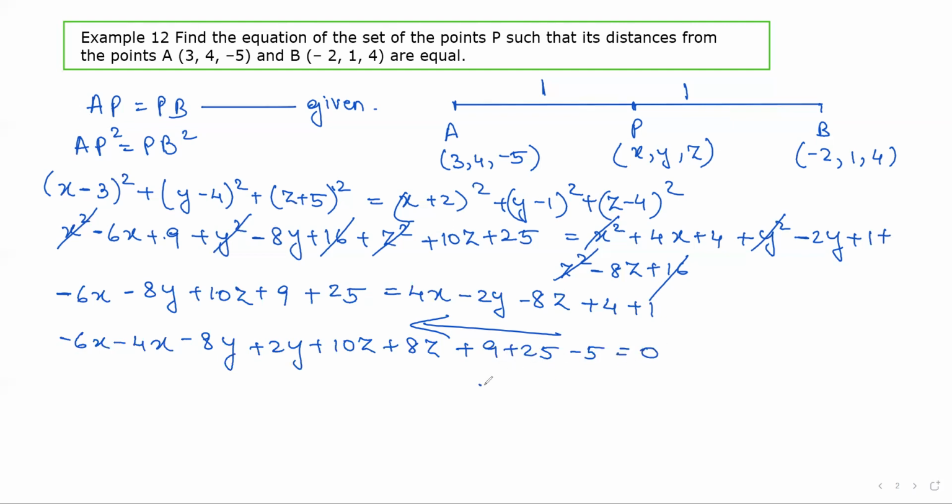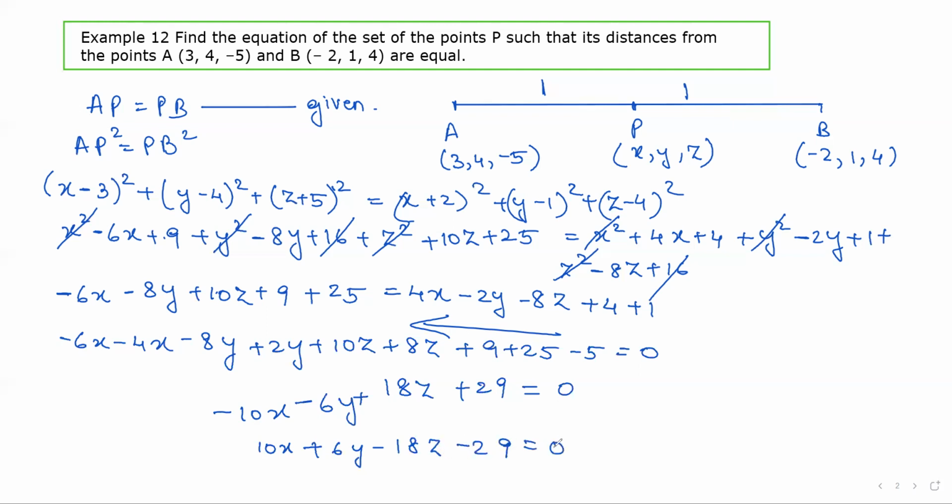This would be 29 is equal to 0. You have 18z, minus 6y, then minus 10x. You can multiply with minus 1 on both sides and get 10x plus 6y minus 18z minus 29 is equal to 0. Okay. Next question.